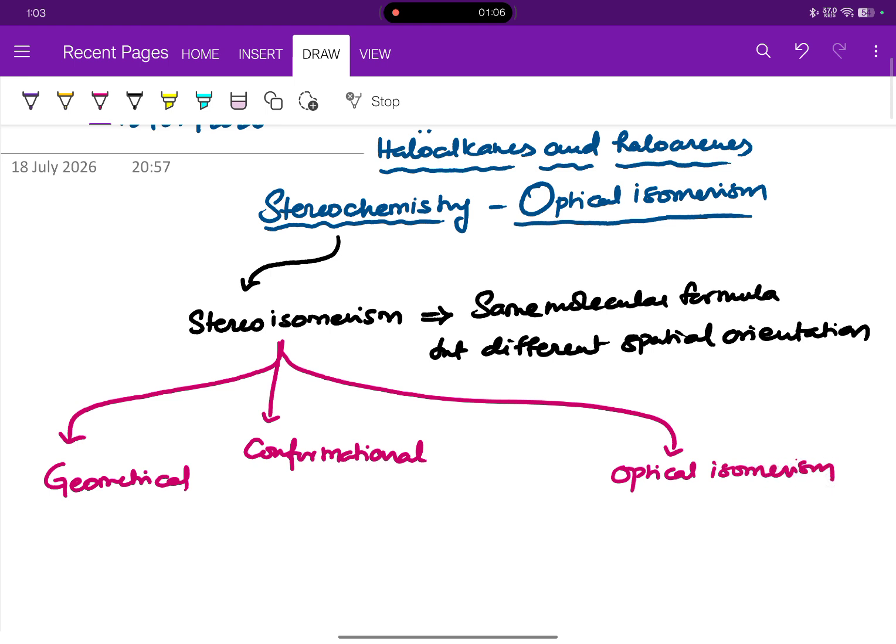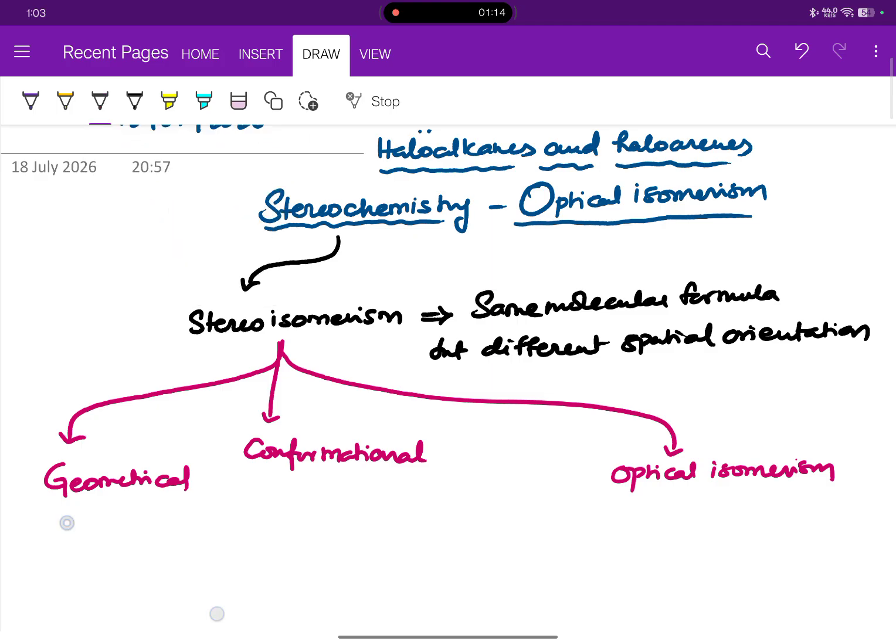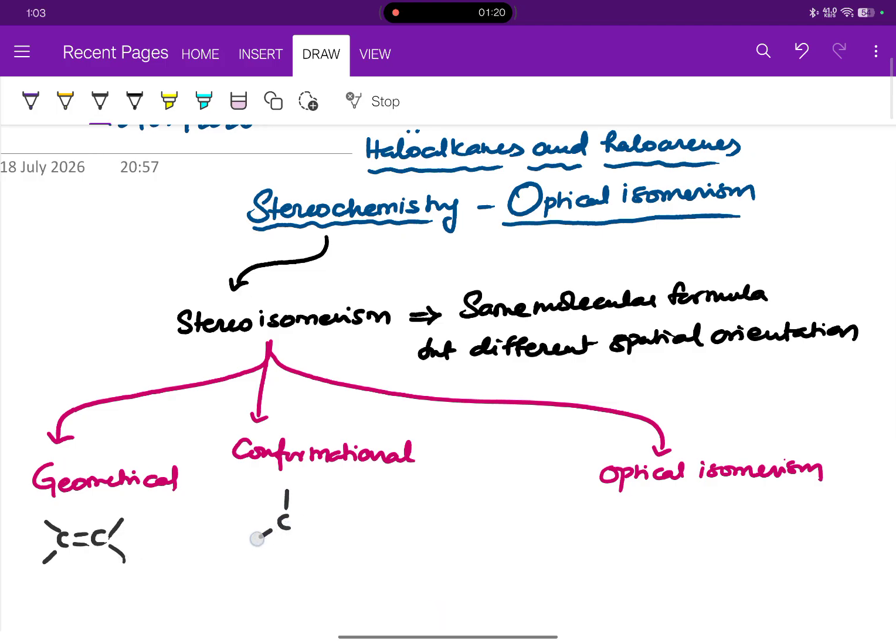So what is geometrical isomerism? It is seen or noticed in case of alkene, C double bond C. Conformational isomerism happens due to torsional rotation between the C-C single bond. Optical isomerism is due to the term called optical activity.